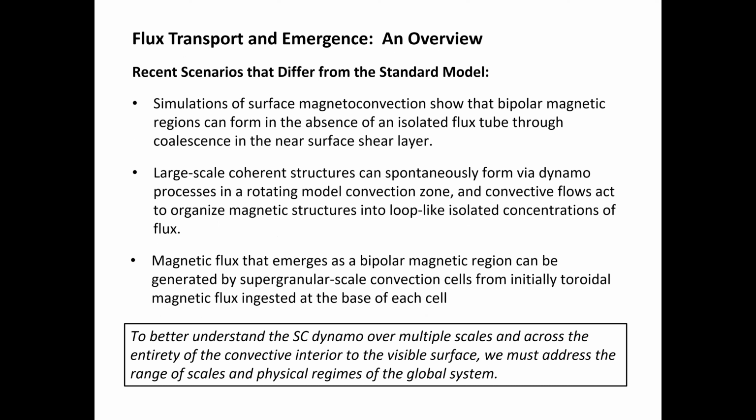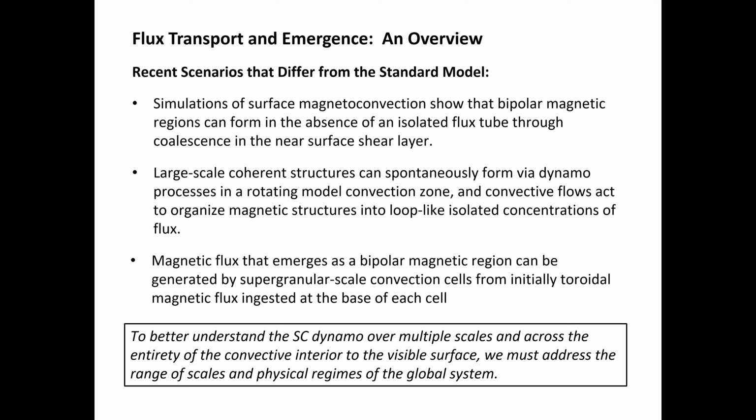For example, detailed simulations of surface magnetoconvection show that you can actually get a bipolar magnetic region in the near surface shear layer in the absence of an isolated flux tube that has risen through the entirety of the convection zone. So this is the idea of structures coalescing as a result of convective turbulence in the surface layers.